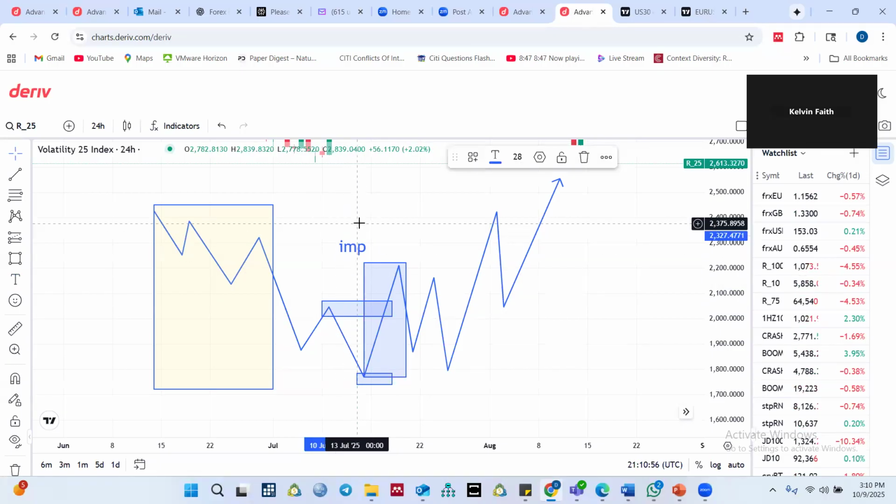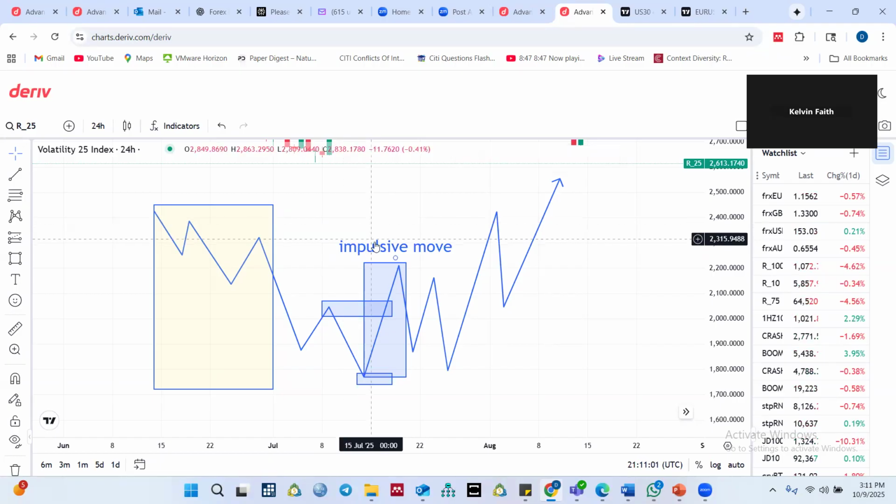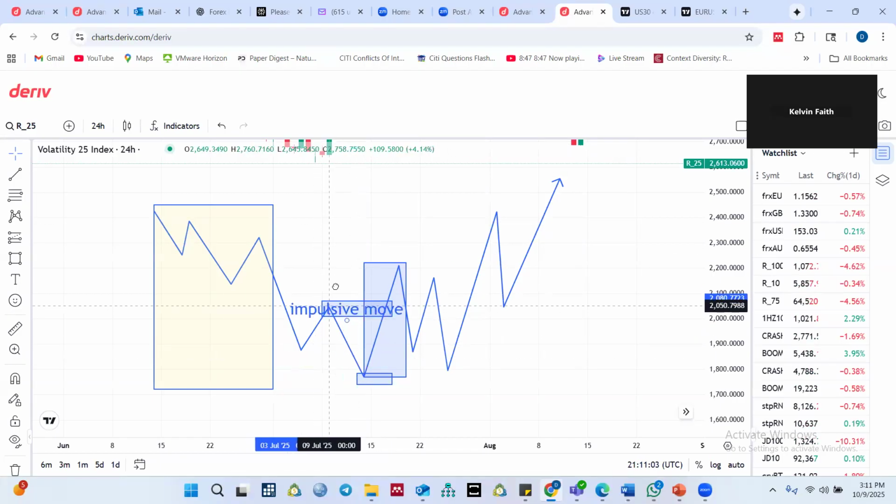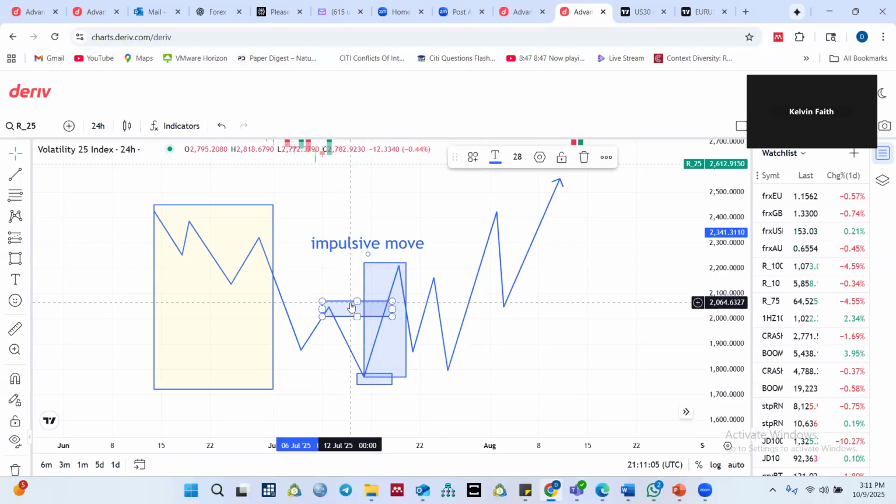Impulse. Always, the impulsive move must break structure, must take some kind of previous high or previous low. We can flip this for a bearish market situation.